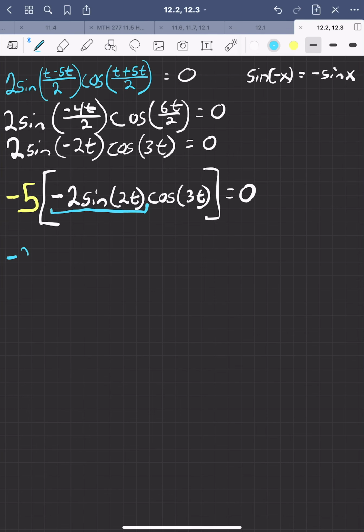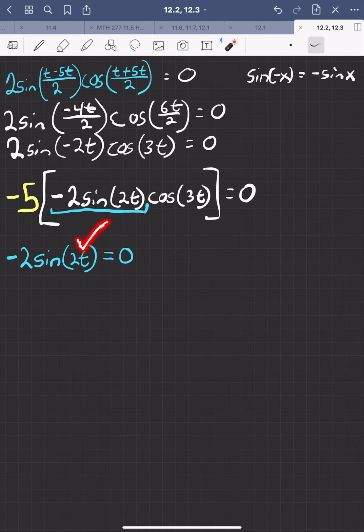So negative 2 sine of 2t. My question is, what values of t would make this equal 0? Well, I don't have time to go back and teach you trigonometry. I can help you if you need help, but I'll put that on your shoulders and let you contact me.